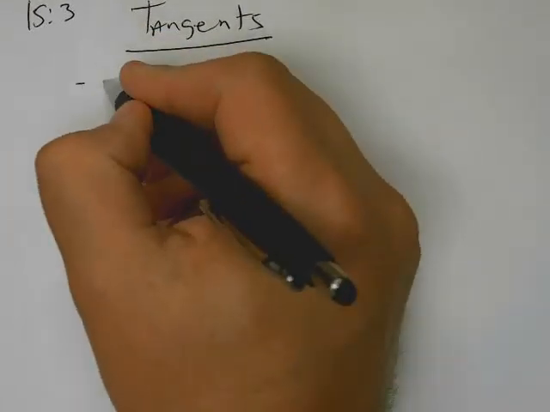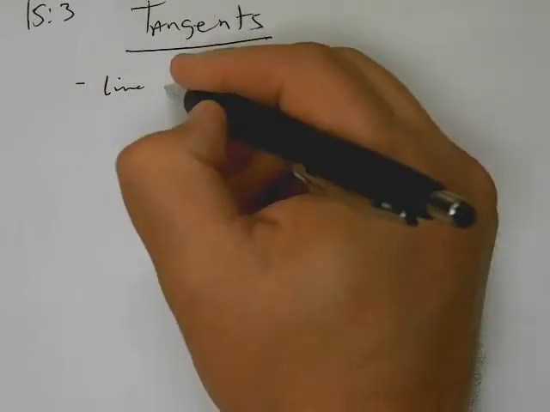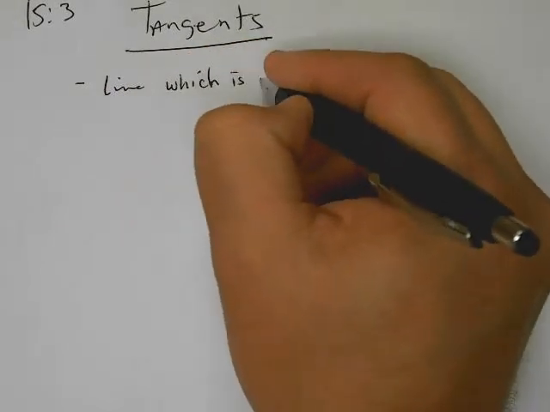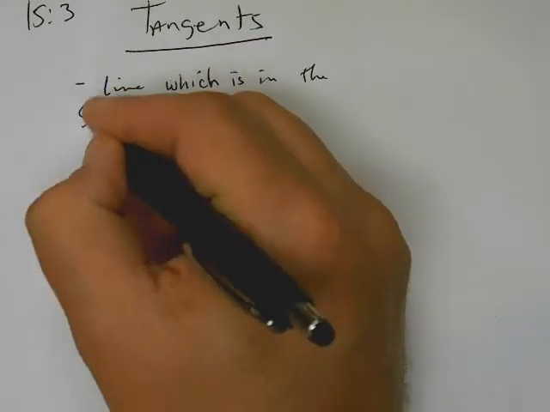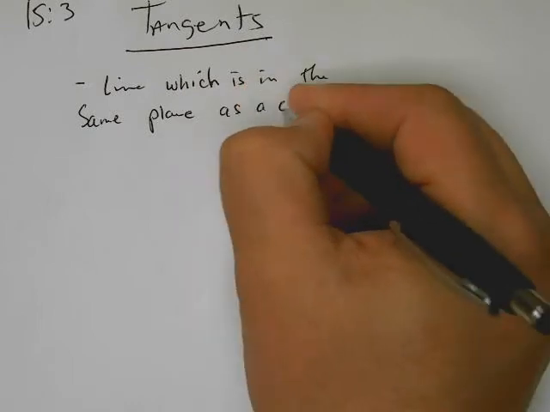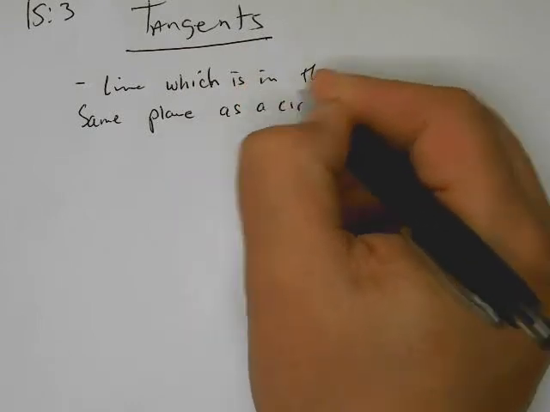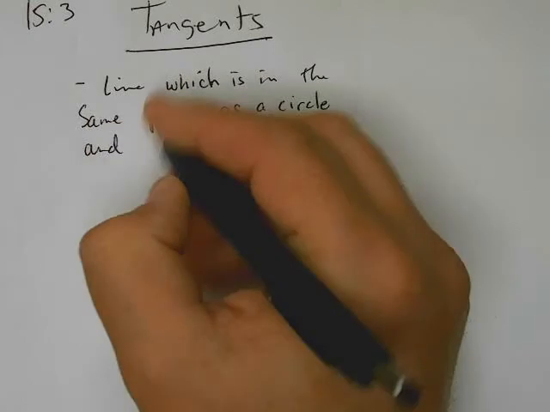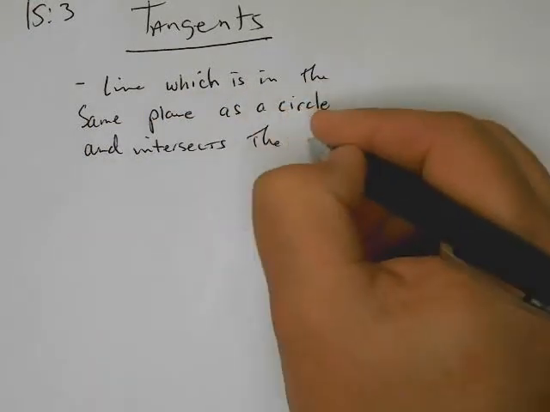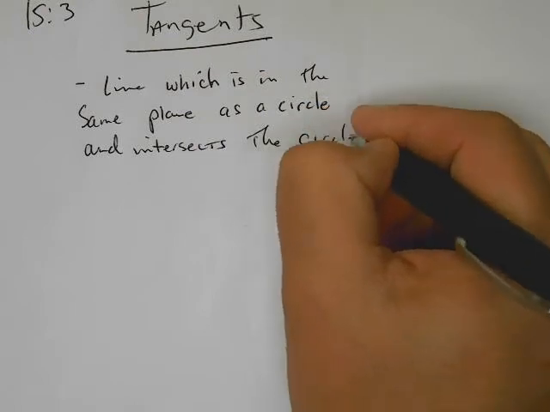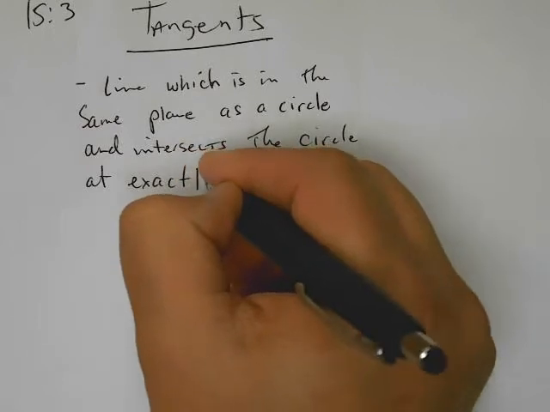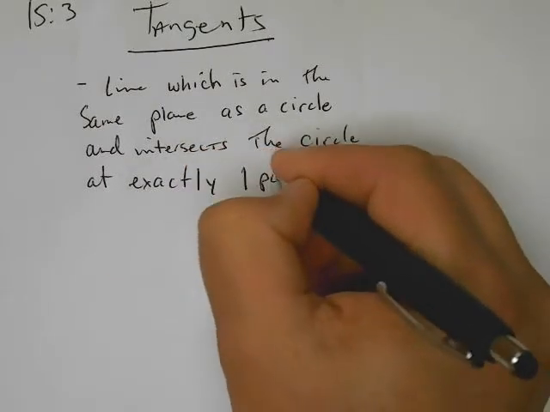A tangent is a line which is in the same plane as a circle and intersects the circle at exactly one point.